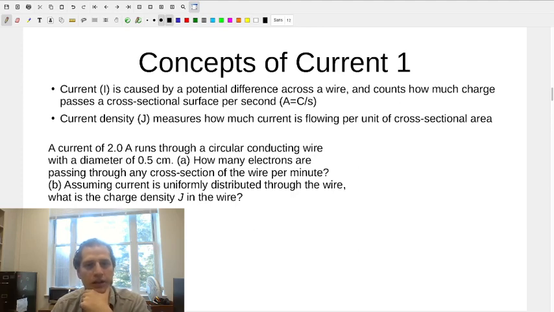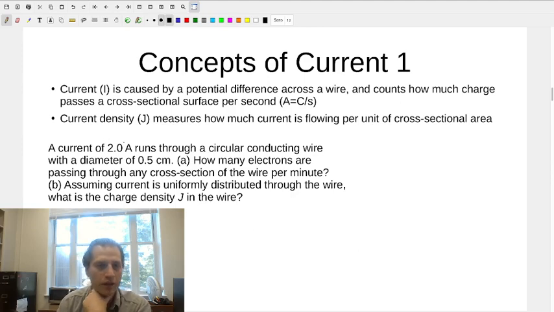That current is taking into account all of the charge that passes through a particular point in your wire. Now, we could also think about current being split up into some sort of a current density, J, and that J is in terms of current flowing per unit area.